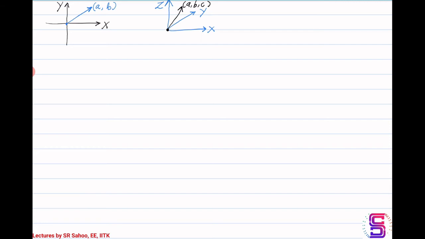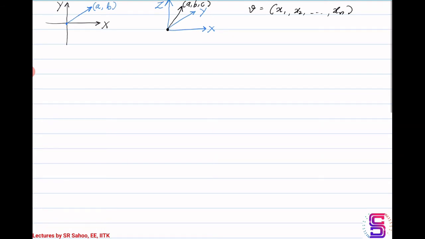So you would have always seen vectors of the form x1, x2, till xn, if it is an n-tuple vector.